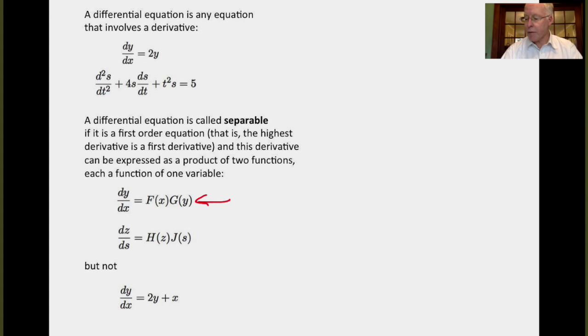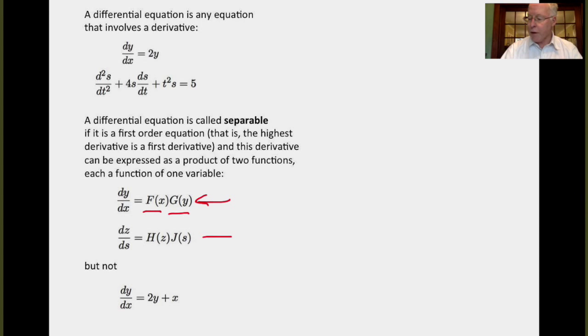In this case, we'd be looking for y as a function of x, whose derivative happens to be whatever the function capital F is times the function capital G. This equation is separable if you can separate this into a product of two things, one function of f, one function of g. The variable names will change, often depending on the application.